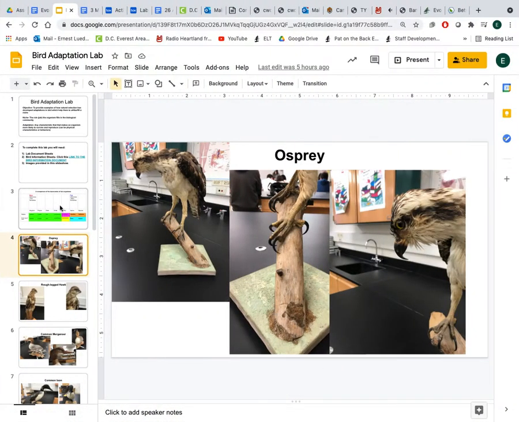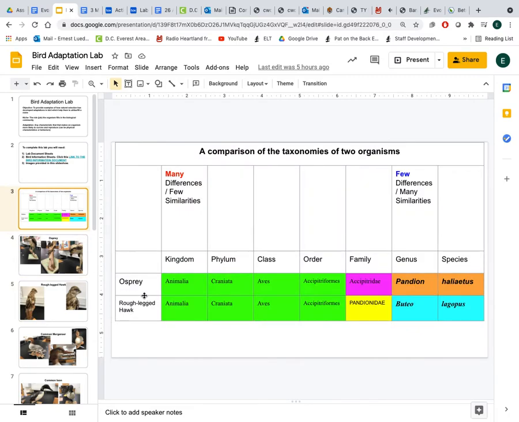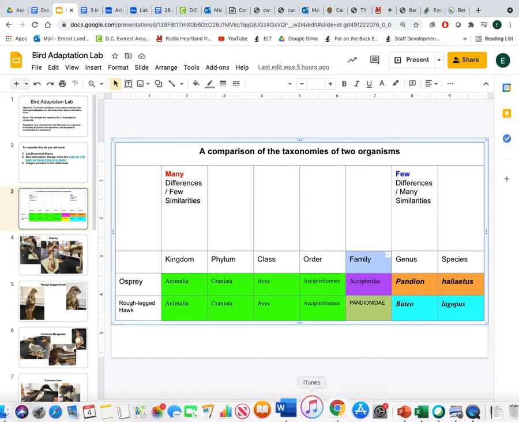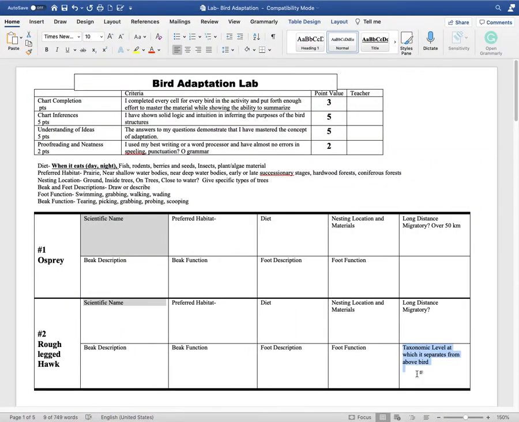But just to show you relatively easily here, if we look at the osprey and the rough-legged hawk, we notice that they're in the same classification levels all the way down to the order level. But then if we look at the family level right here, we notice that the osprey is in one family and the rough-legged hawk is in a different family. So then what we would do right in here is we would put family.